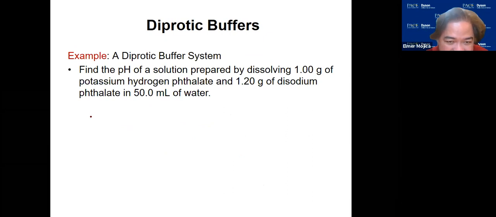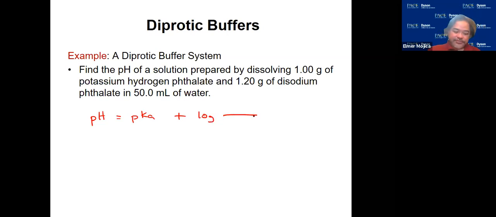So if I have a Henderson-Hasselbalch here, all you need to do is determine, am I going to use the pKa1 or the pKa2? So you look at the materials. You have potassium hydrogen phthalate, and the other one is disodium phthalate.